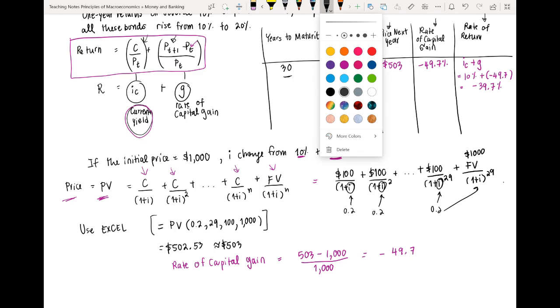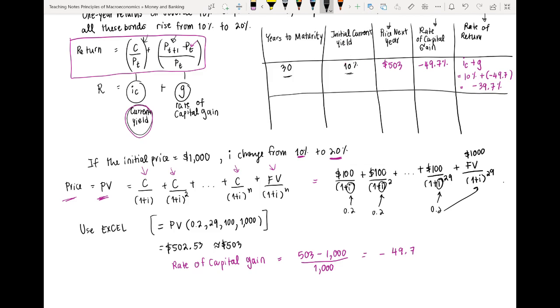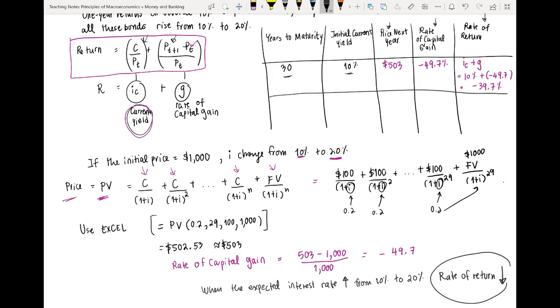That is the rate of return when the expected interest rate increase from 10% to 20%. Rate of return will drop like this. Price will drop, rate of return will drop later because of the capital loss.